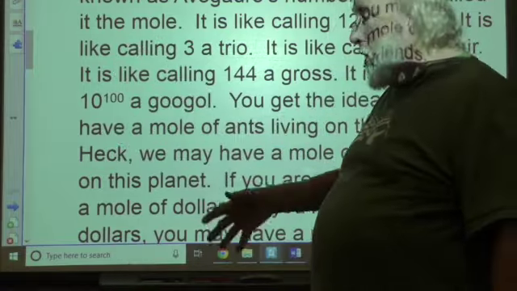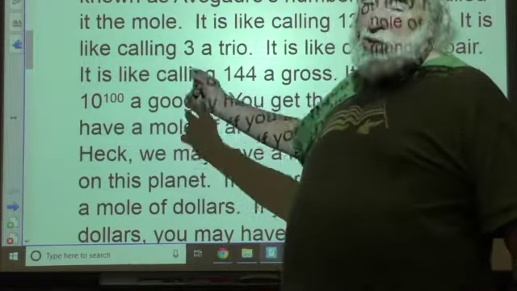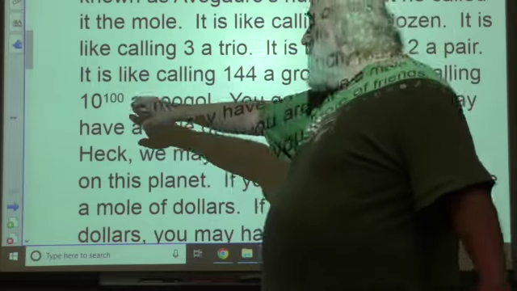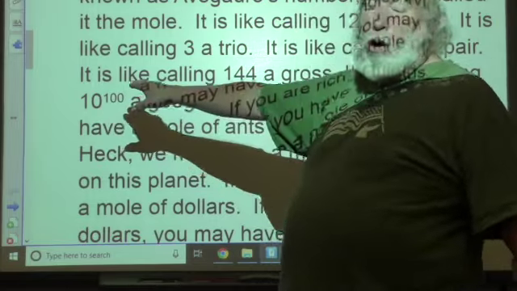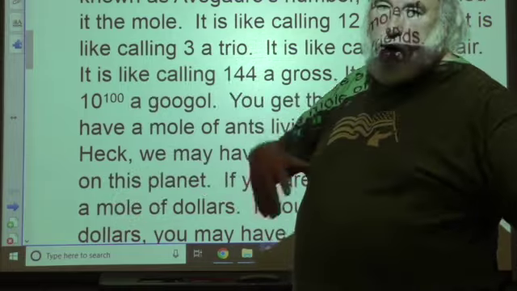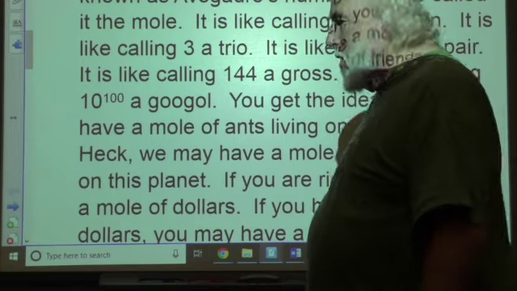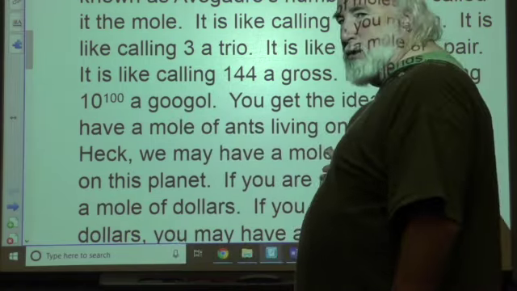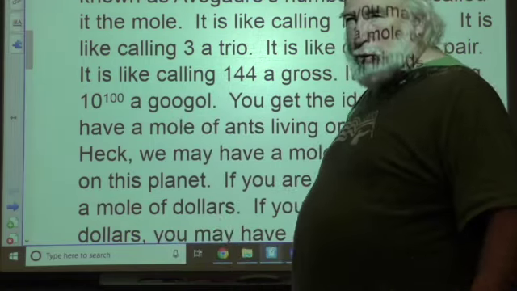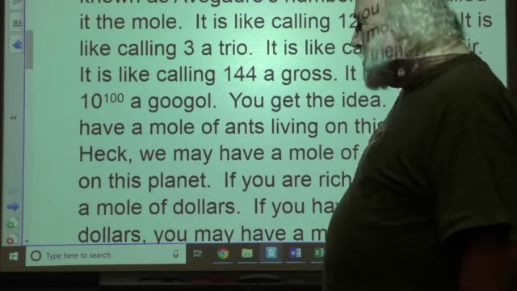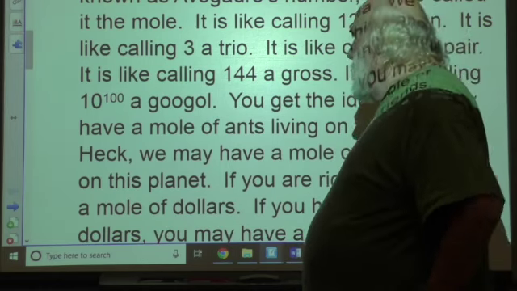But this is where they get the name from: 10 to the 100th power. They call that a googol. So that's 1 with 100 zeros behind it, with about 33 commas.